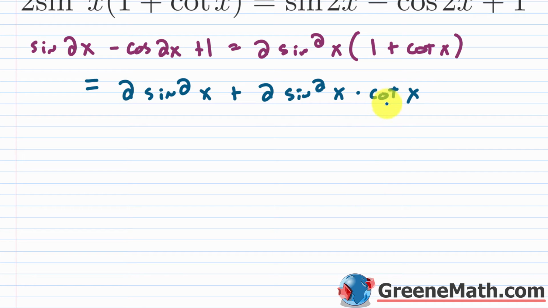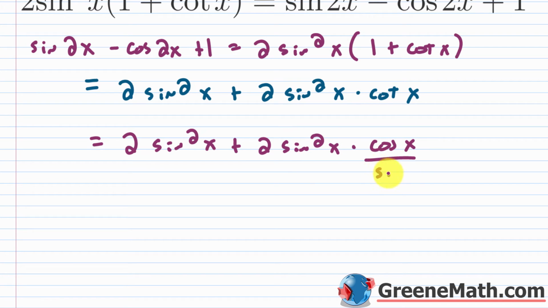Now, the cotangent of x is the cosine of x over the sine of x. So let's write this as 2 times sine squared x plus 2 times sine squared x times cosine of x over sine of x. Now I can cancel one of these with this.